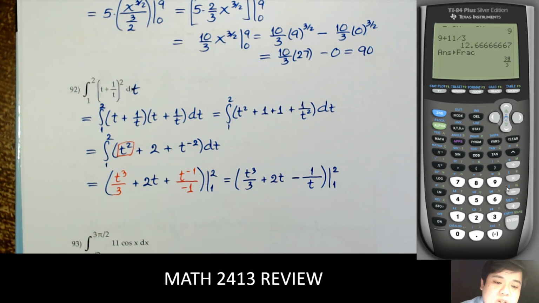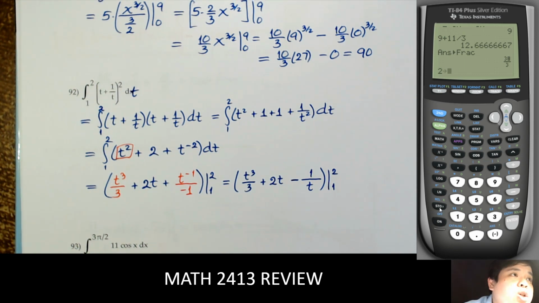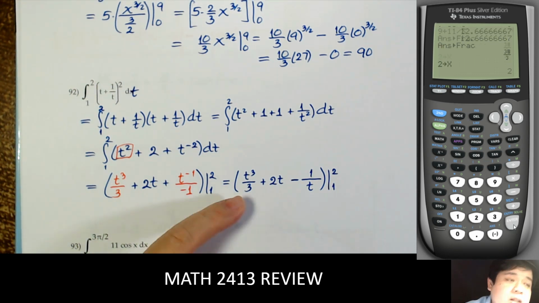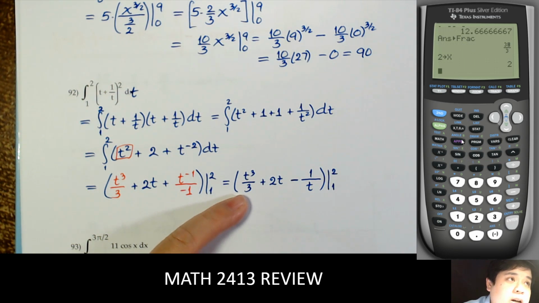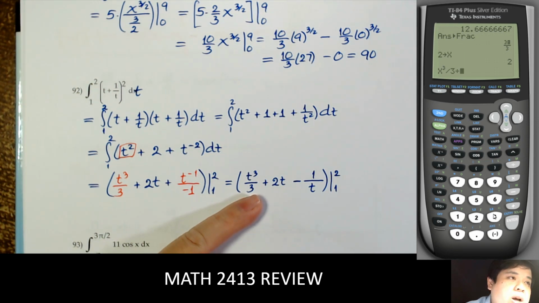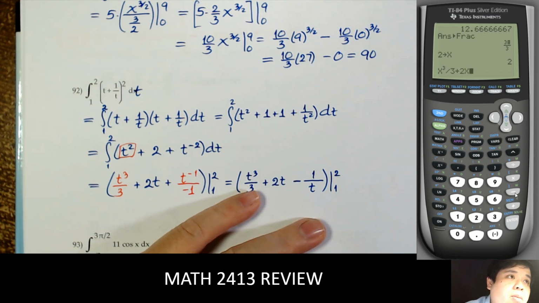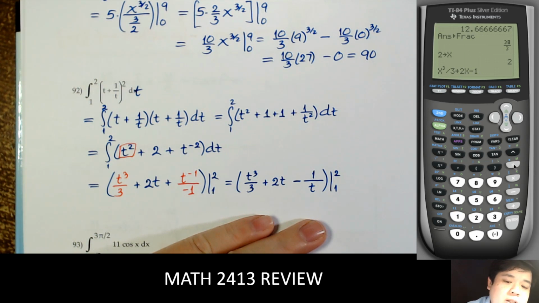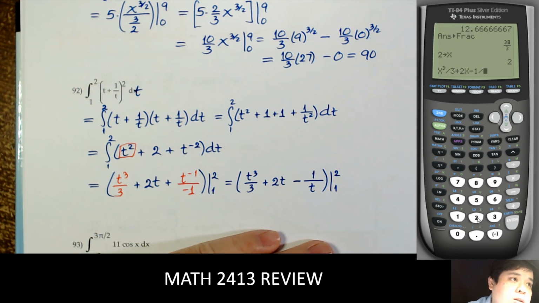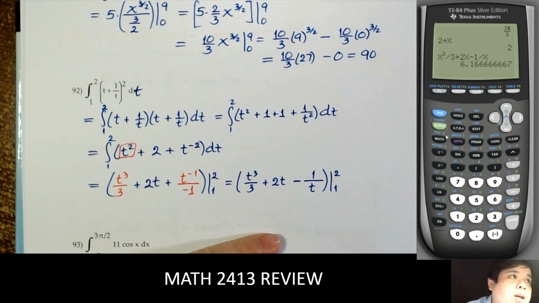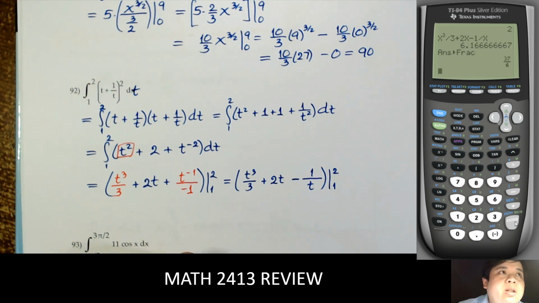It will be better if we just use the calculator here to store into x, and then we have x cubed over 3 plus 2x minus 1 over x, and convert that to a fraction.